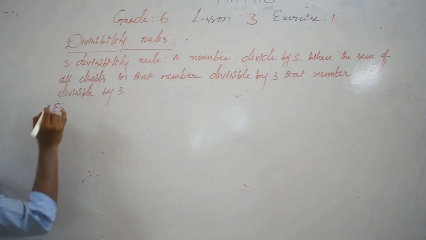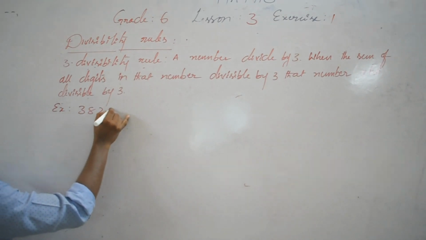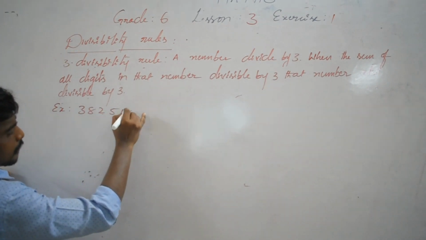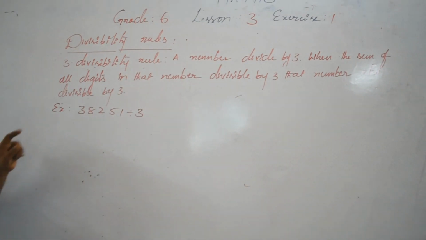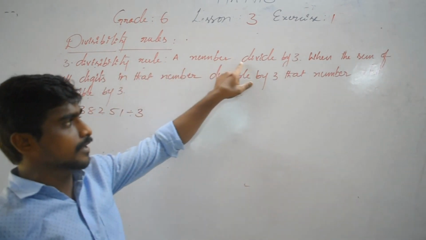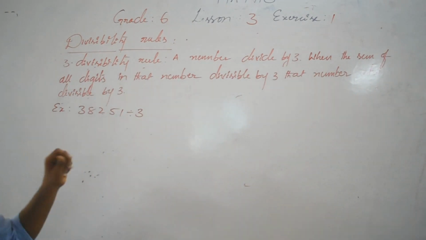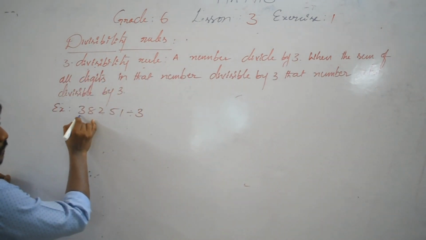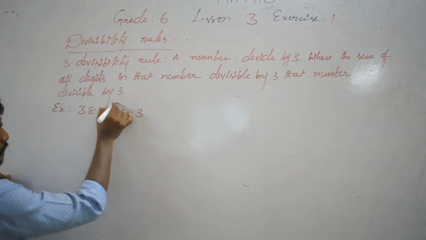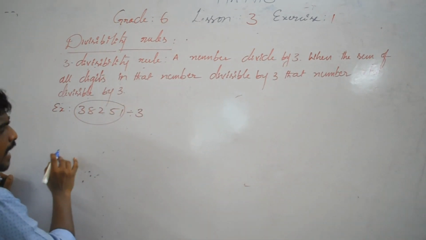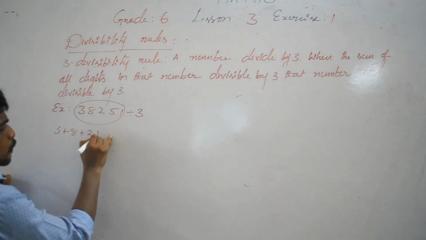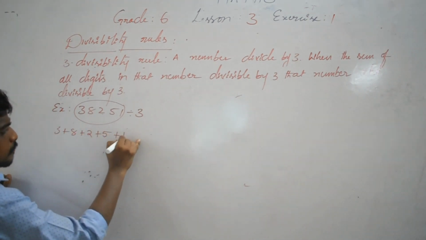Example: 38251 divided by 3. So they are asking a number divided by 3. When the sum of all the digits, in that number these all digits we are adding: 3 plus 8 plus 2 plus 5 plus 1.